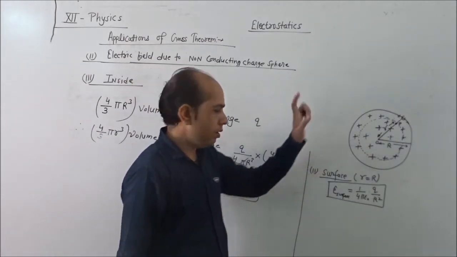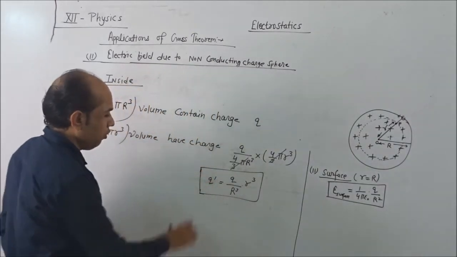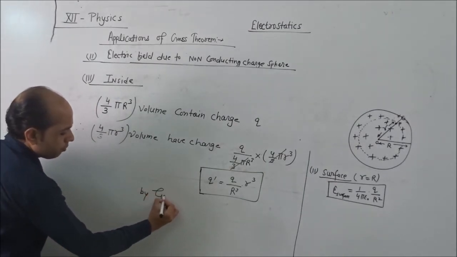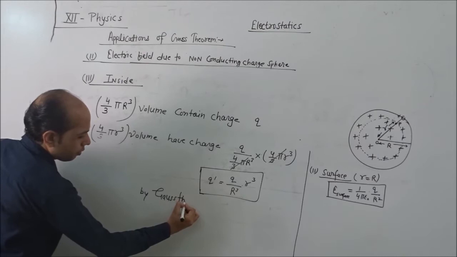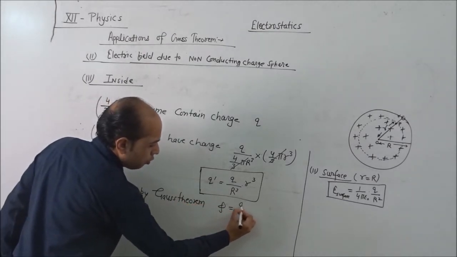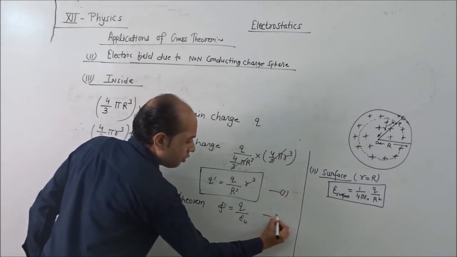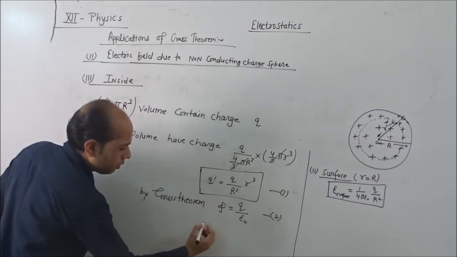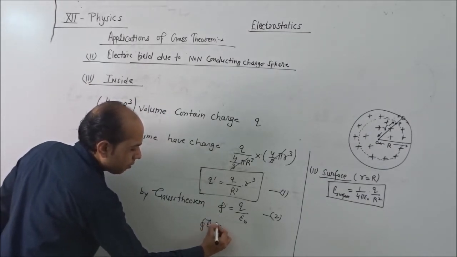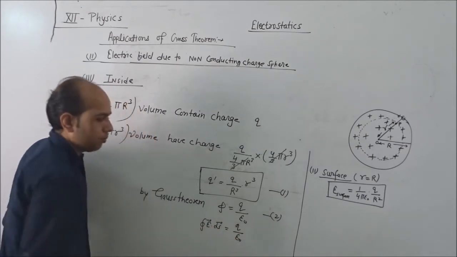Now after calculating the value of charge, we apply the Gauss theorem. By Gauss theorem, phi is equal to q upon epsilon naught. This is equation second. Now phi is replaced by the closed integration of E dot ds, with vector sign, equal to q upon epsilon naught.